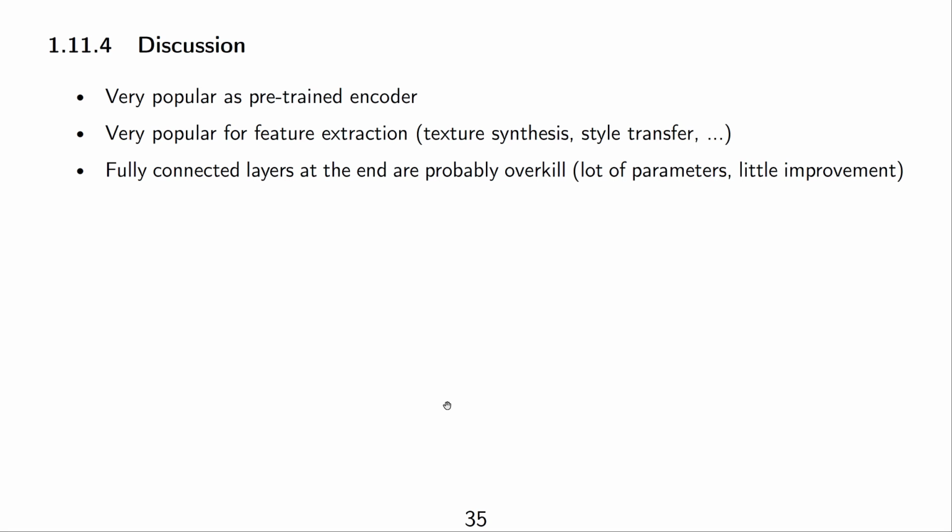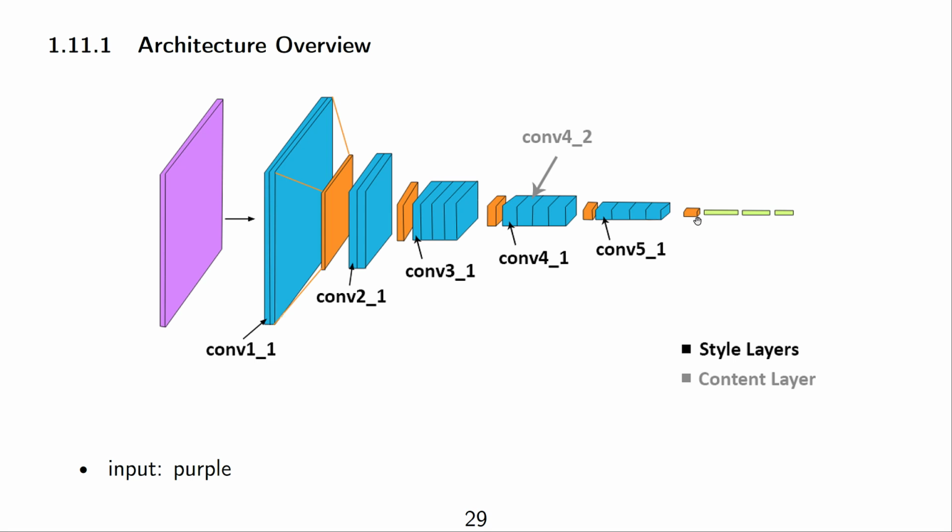This network is very popular as a pre-trained encoder, so we could say this network can basically be used as a feature extractor. We cut off this last part, and then what we have is a method that takes an input image and converts it to a feature tensor. This feature tensor can then be used for maybe nearest neighbor search to find similar images, or for other types of computations that need a feature description of an image.